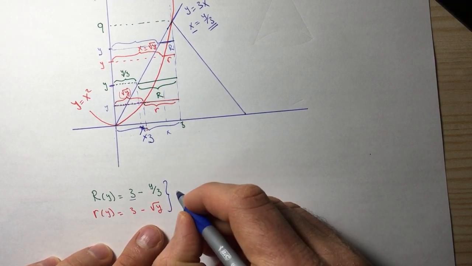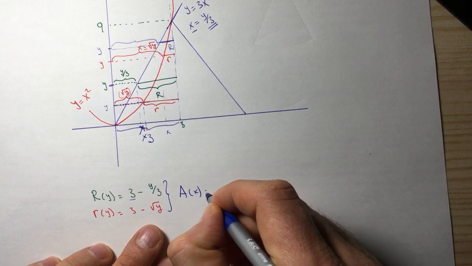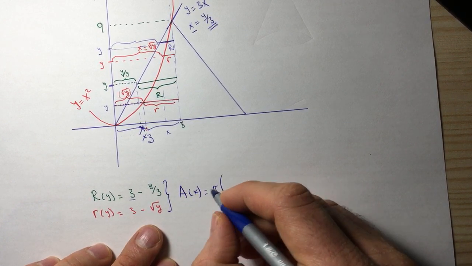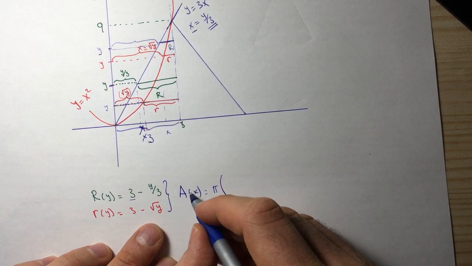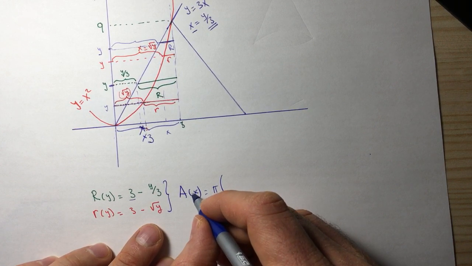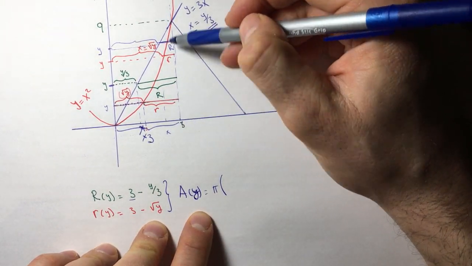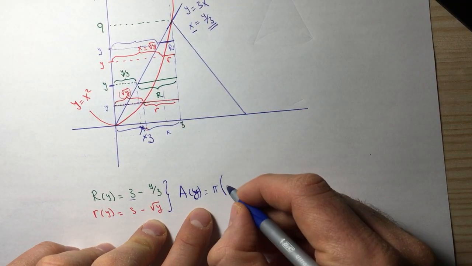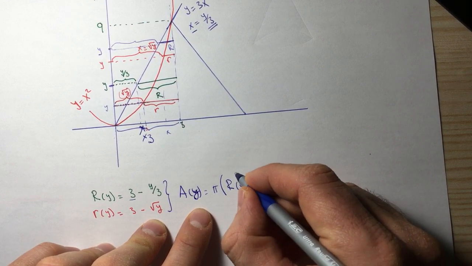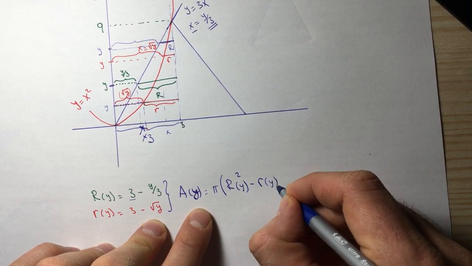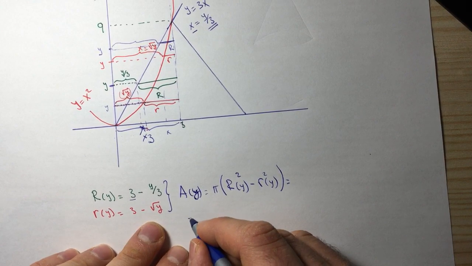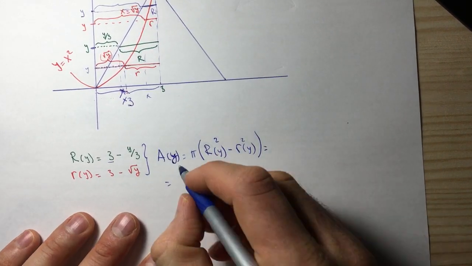From here, the area of the washer is equal to pi, sorry, my mistake. Right away I made a mistake. Not A of x. The area of the washer is going to be A of y, because I'm rotating the region about the vertical line. So pi times capital R of y squared minus small r of y squared. And now simplify, this is very easy.